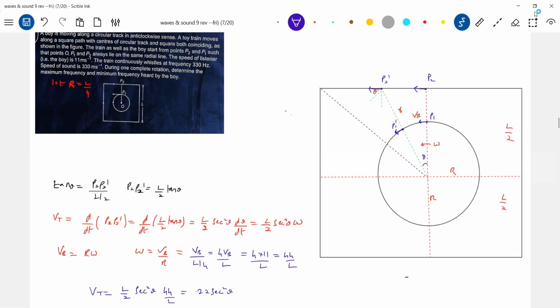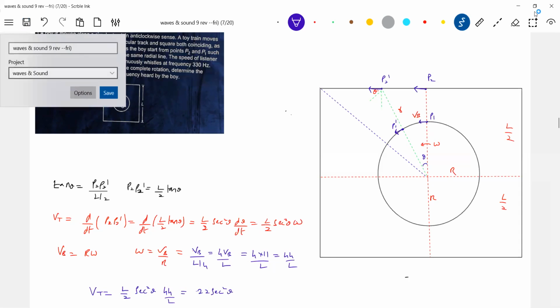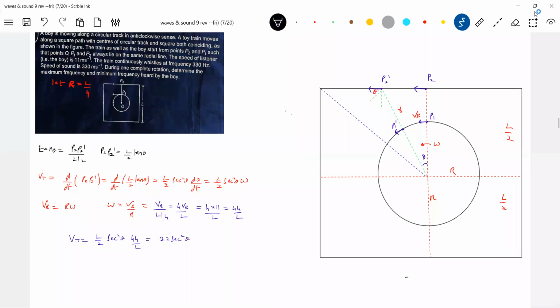For the next part of the calculation, the speed of the train is with theta. The person B is moving with a constant speed. But the question asked is to find the maximum and minimum frequency just before and just after the corner.